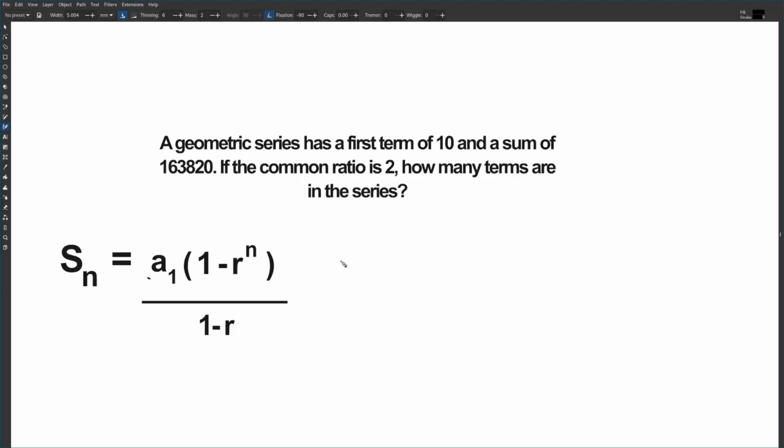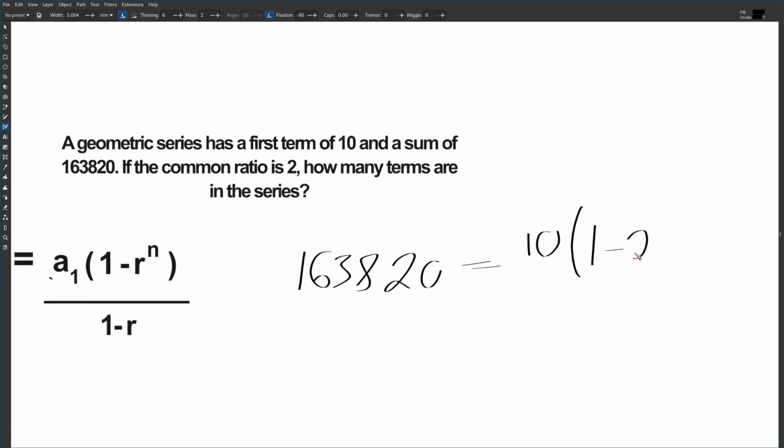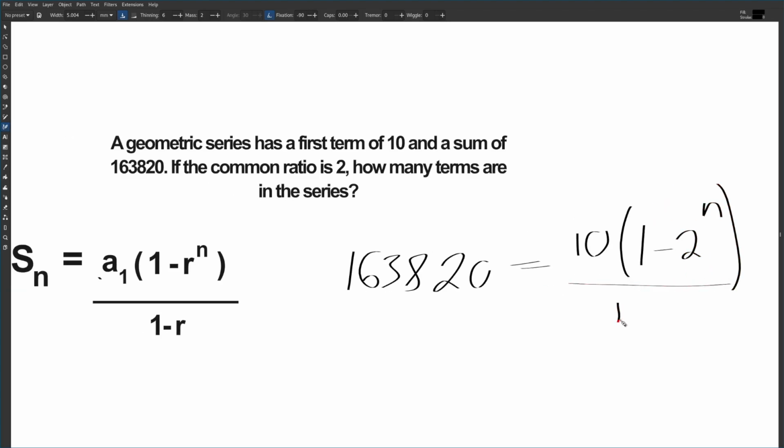S of n, we know that's the total sum, so that's 163,820. And that's equal to a sub 1, which we know is 10, times 1 minus the ratio to the power of n, all divided by 1 minus the ratio, so 1 minus 2.